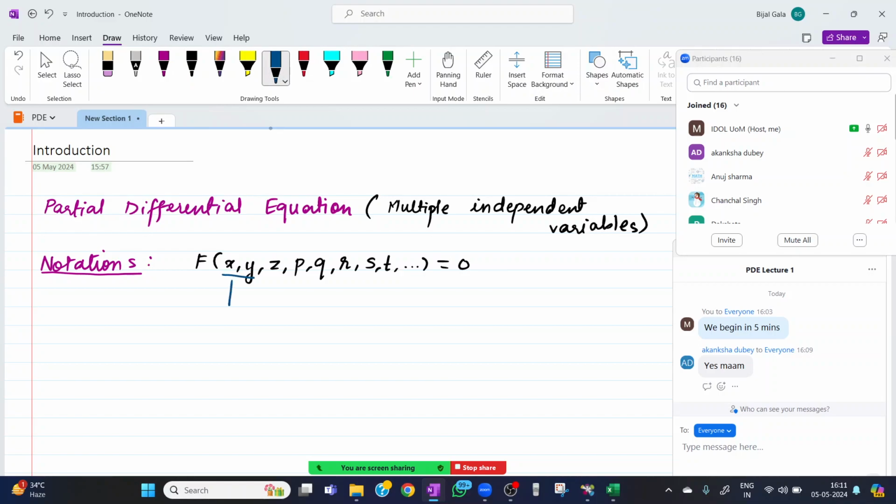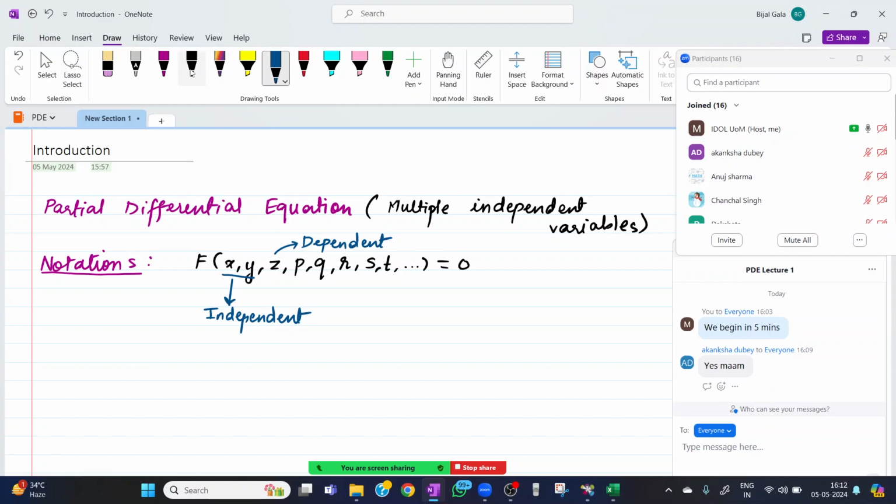These two, x and y, could be considered as the independent variables. Generally, most of your books will use x and y as the independent variables. z would be used as the dependent variable. Some of the books would prefer u in place of z, so you might find u also coming into the picture.